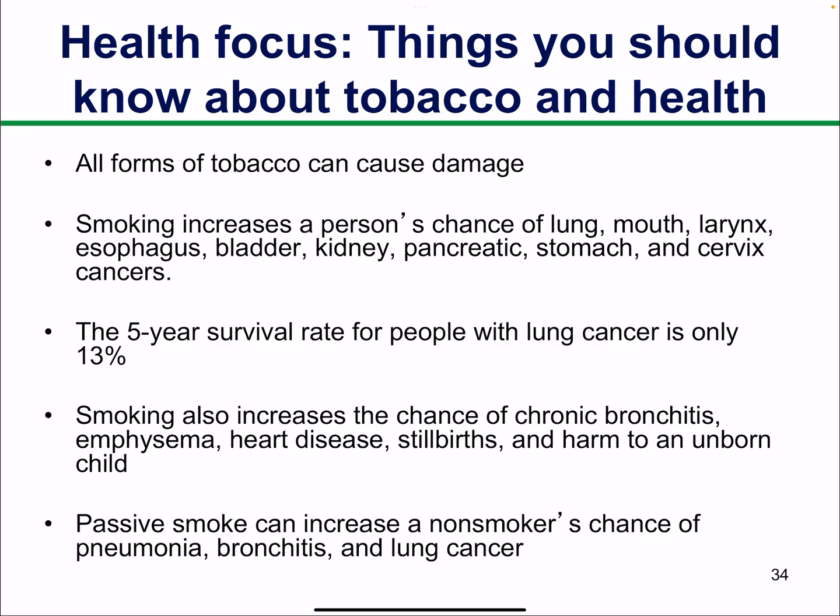All these cancers can be caused by smoking, right? We have a decrease in life expectancy when we smoke, right? Smoking also increases chances of chronic bronchitis. And this is possible because as we smoke, the cilia of the windpipe are destroyed. And it takes time to gain those cilia back, if we can gain them back at all, right?